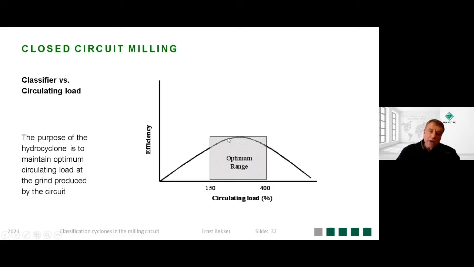We don't want to operate at too low a circulating load because the classifier likes that, but the mill doesn't like that. But we can't go to the other side either, because although the mill likes it, the classifier is not operating efficiently. So the whole objective in getting a balance or optimum mill cyclone combination is to operate at the optimum circulating load range.